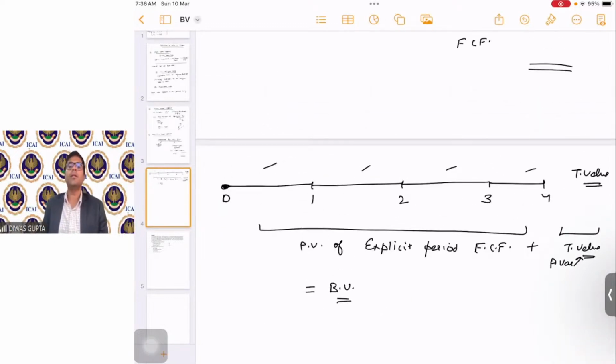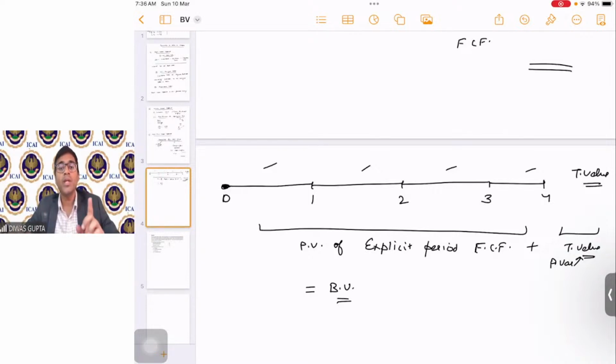So these are the three broad-based models: asset-based, income or earnings-based, whatever you want to say, and the third one is cash flow-based. So there are three things, students, right? The simple way to remember: in your financial statements, you have cash flow, you have balance sheet, and you have P&L.